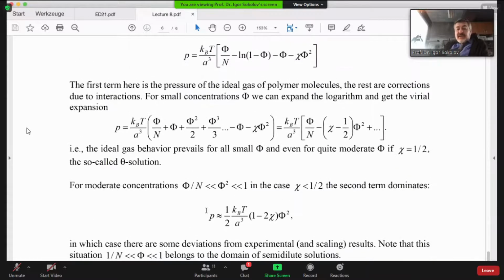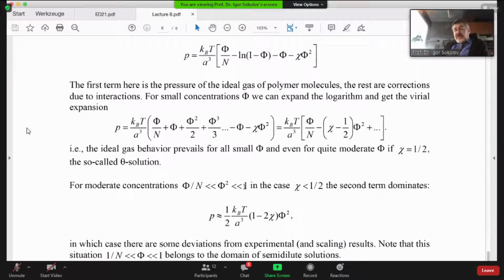Now let us have a look what happens at moderate concentrations. So this guy is much smaller than phi squared. This means that the concentration is moderate. If this guy is the only one, if this is small, it's an ideal gas. It's a dilute case, essentially. Now, this guy is larger than this guy, but smaller than unity.